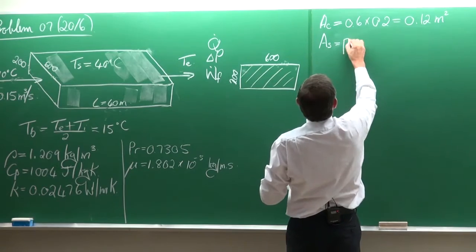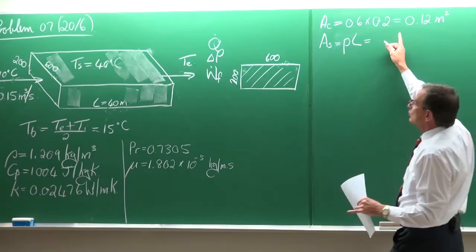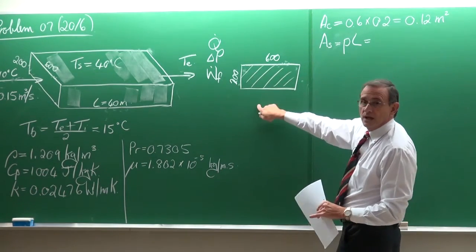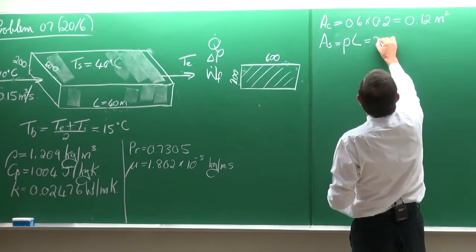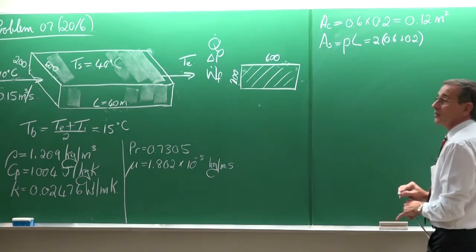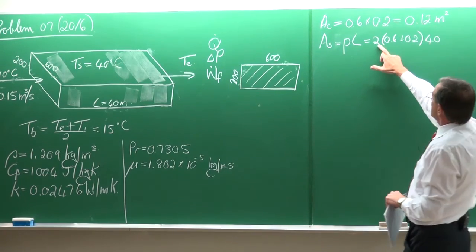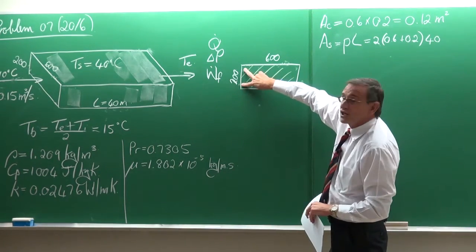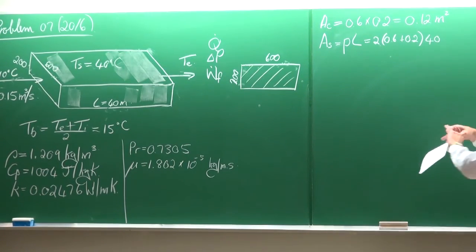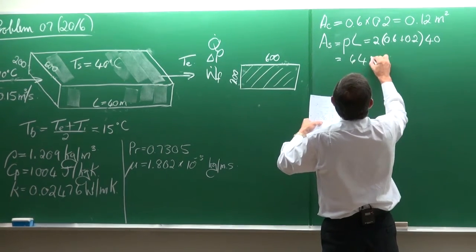Our perimeter is 0.2 plus 0.6 plus 0.2 plus 0.6, so it is 2 times (0.6 plus 0.2), multiplied by the length, which is 40 meters. From that we get the surface area as 64 square meters.